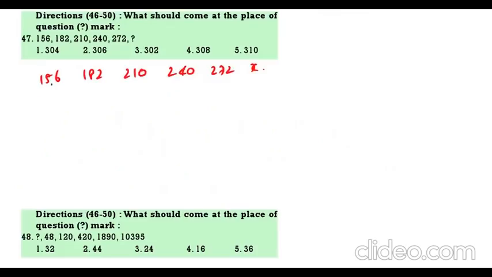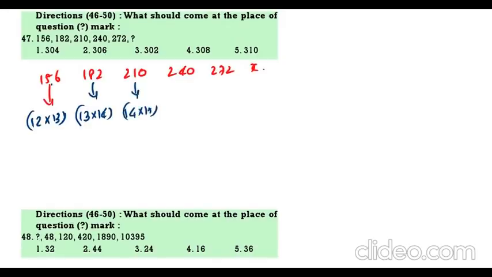See the next one. 156, 182, 210, 240, 272 and question mark. Now by seeing these two numbers you should get one idea. 156 is nothing but 12 into 13. 182 is nothing but 13 into 14. This is 14 into 15.